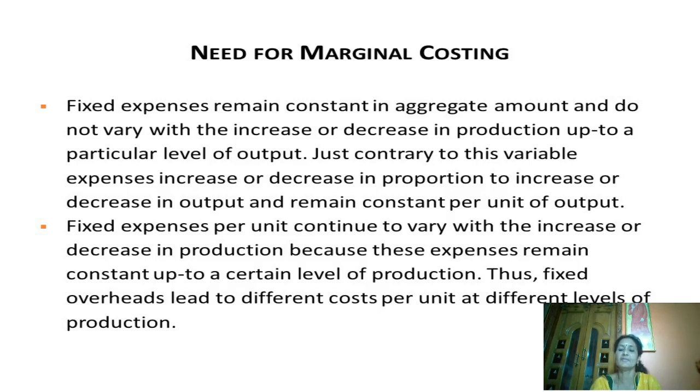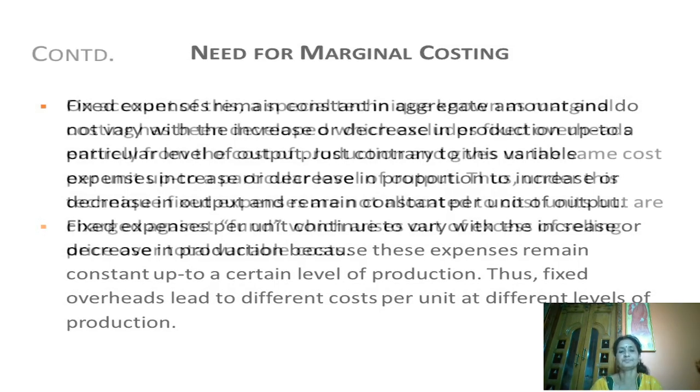This 1 lakh will be divided by the number of units: 1 lakh divided by 6,000, 1 lakh divided by 7,000. As you go on dividing this cost by the number of units, fixed cost per unit decreases slowly. That is the reason that as production increases, your profit increases, as fixed cost remains the same. Only the variation in the cost will be the variable cost.